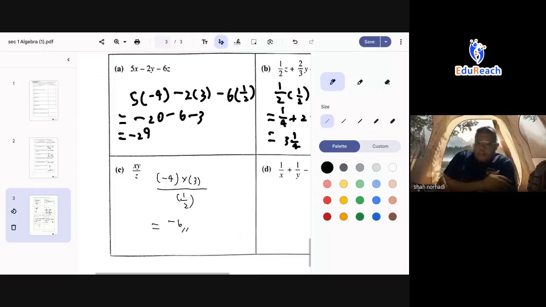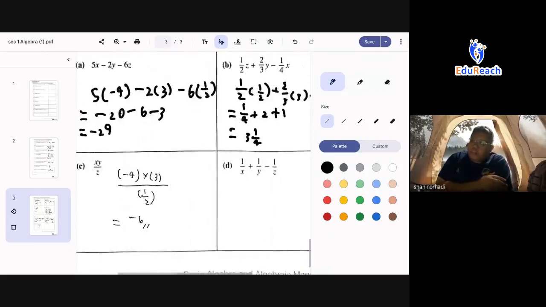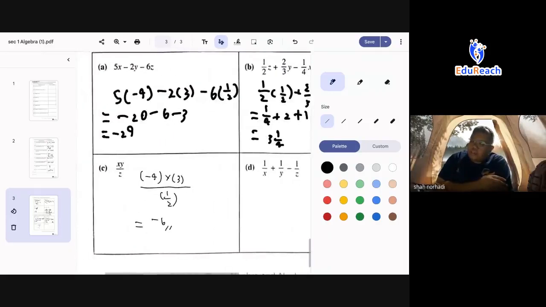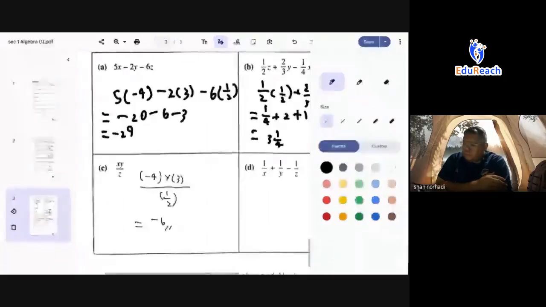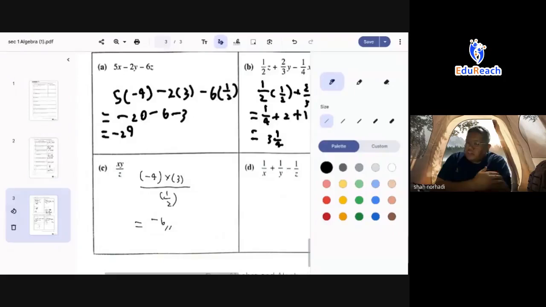Minus 6. Yes. 12 divided by... wait. 12 divided by half is not minus 6. Can you double check your work? No, negative 4 times 3 equals negative 12. Then negative 12 divided by half, not times half.